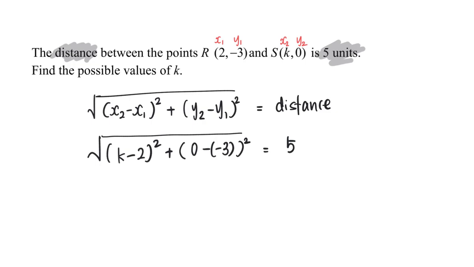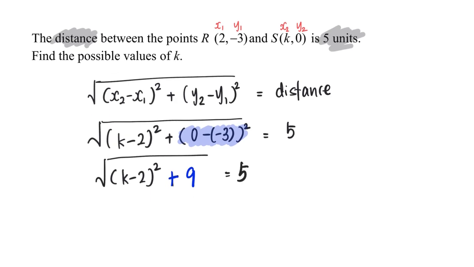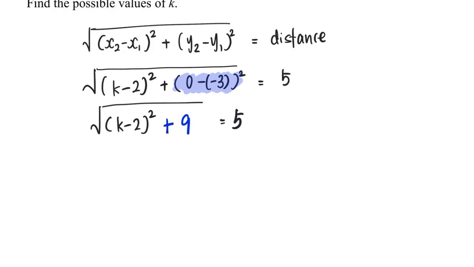And if I do not want the square root, then I would have it as, let me just do it slow and steady, okay? 0 minus negative 3 bracket square. This will give me a value of positive 9. And let's continue to solve it.